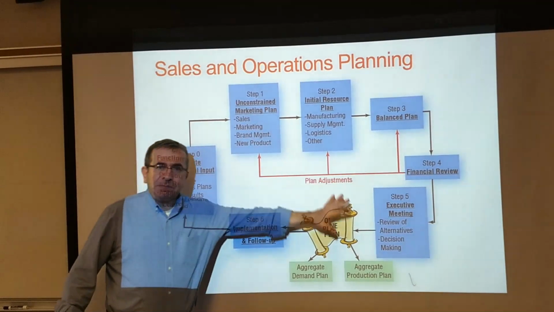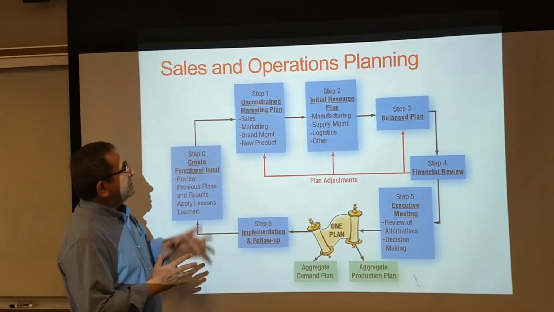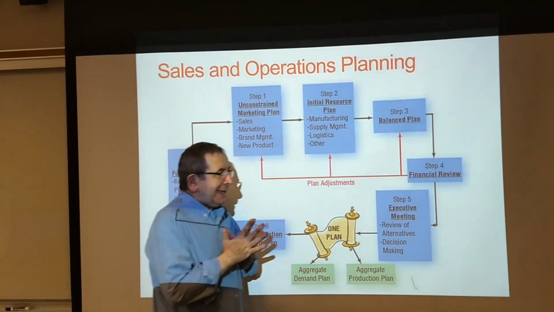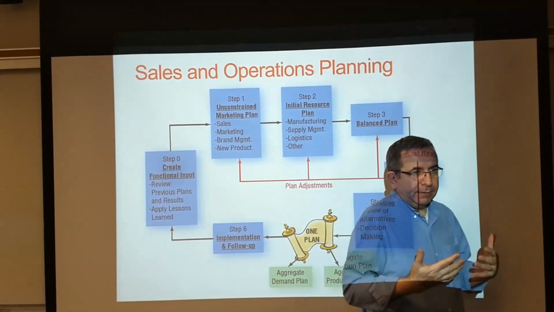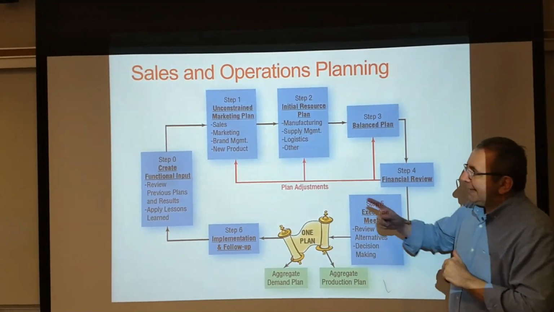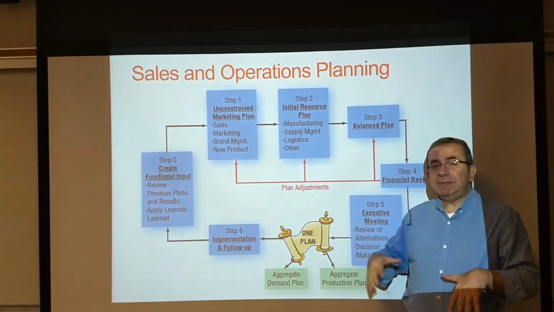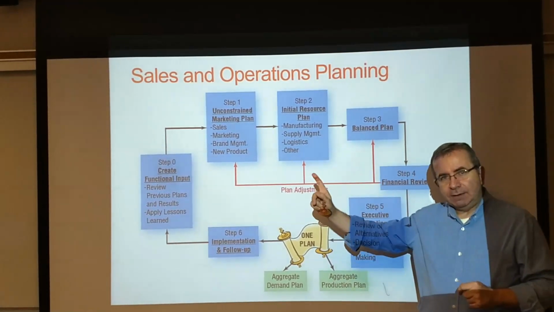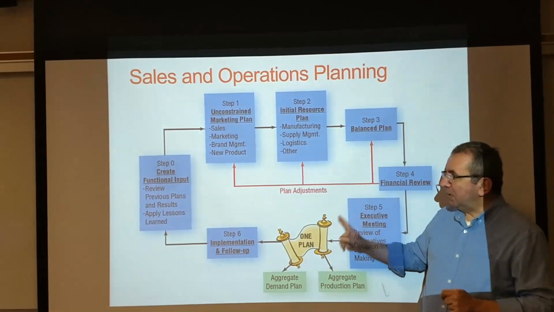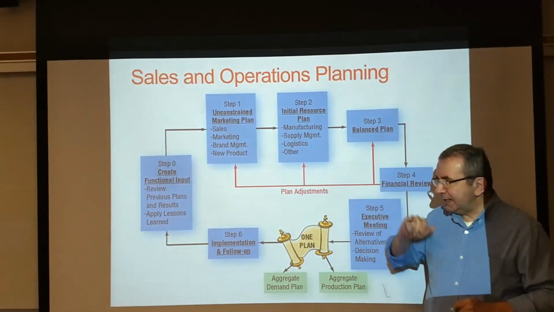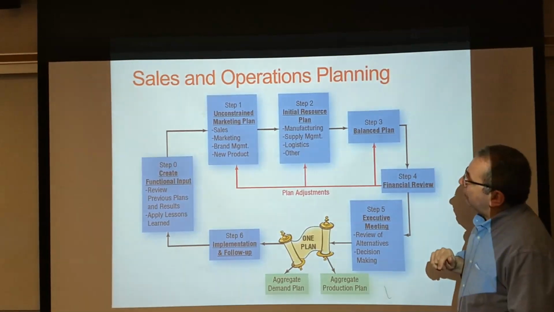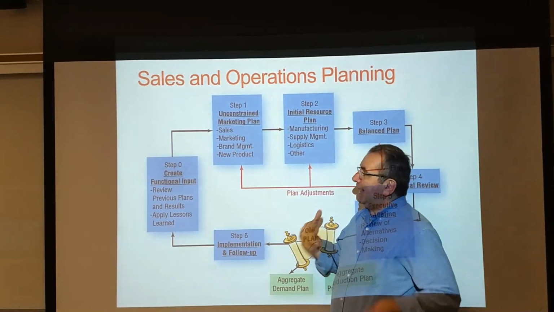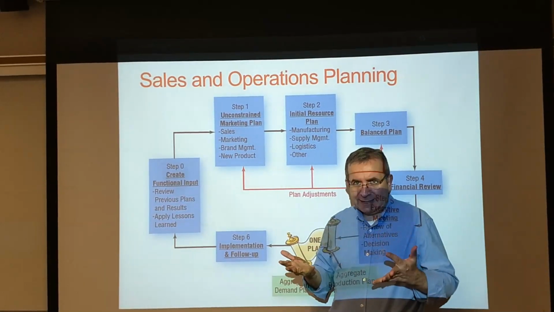This is a simple representation of the sales and operations planning process. This process is repeated every month. Every firm implements this slightly differently, but in most cases it is repeated monthly. They complete a one month cycle and then start over again. In step 1, the marketing department comes up with the unconstrained forecast.